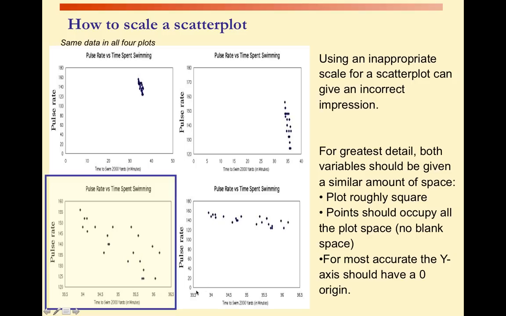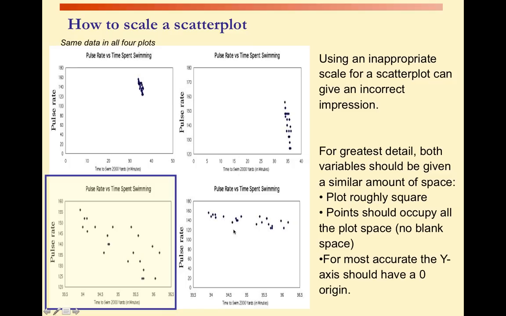Similarly, if I scaled the independent variable, I cut out the axis for which there's no data, and then use the full range for pulse. Again, looking at this, now it looks like I have a reasonably, maybe not a very strong, but not such a strongly negative relationship.